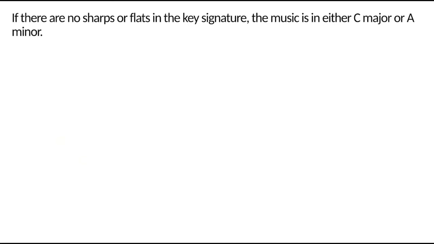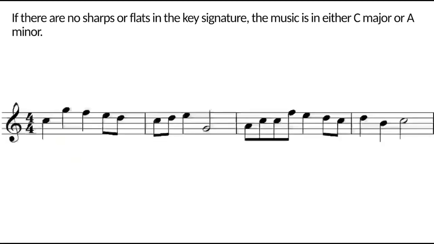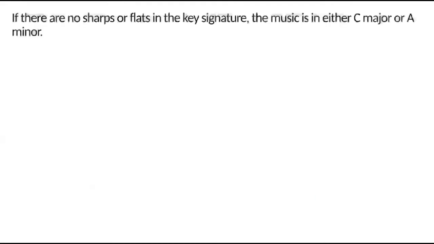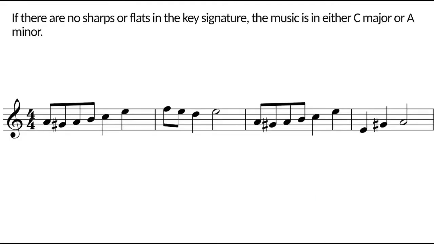Now, you may say to yourself, if there's no sharps or flats and the key can be either C or A minor, how do we tell the difference? Let's look at this music here, for example. There's nothing there. We're in the key of C major, or just C. Again, let's look at this music here.